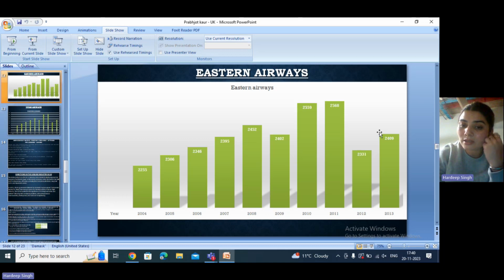But in the next year 2010 it increases to approximately similar to what it was in 2004, and then it remains almost the same in both years. There is a dramatic and very sharp decline in the following year.